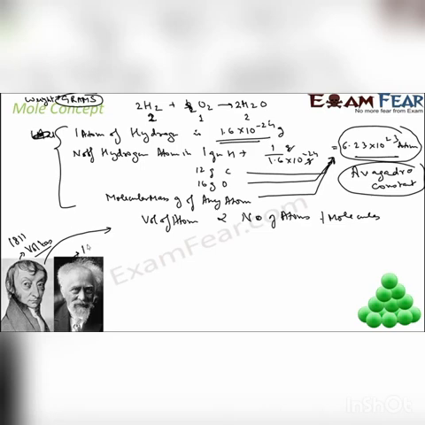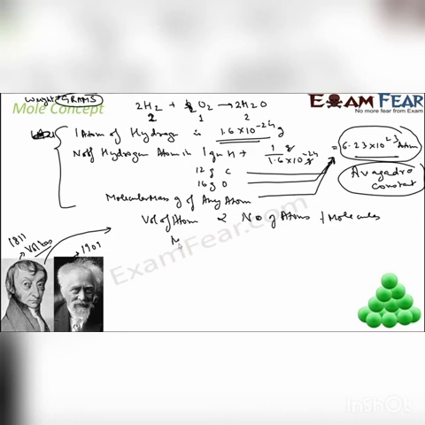In 1909, this guy, Jean Perrin, determined this Avogadro constant. He found that 1 gram of hydrogen has 6.023 into 10 to the power 23 atoms. So the term mole was used now. And mole is nothing but molecular mass.